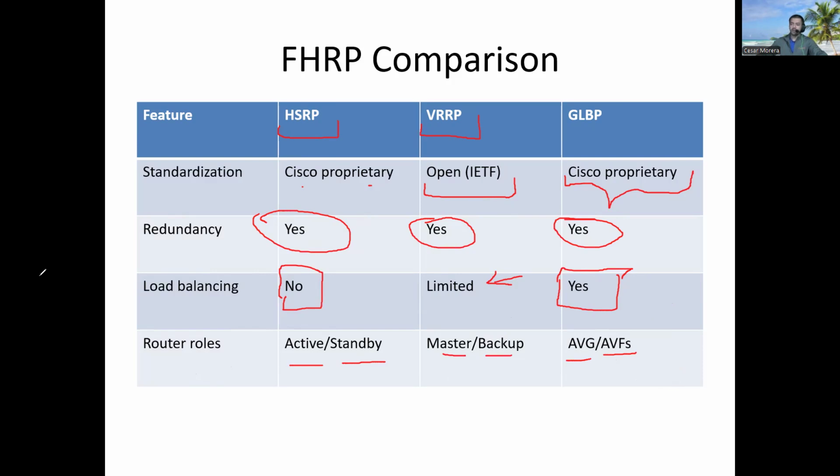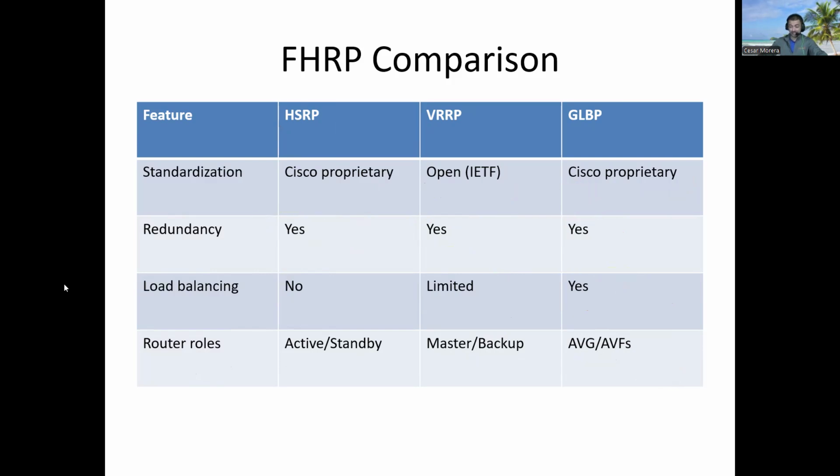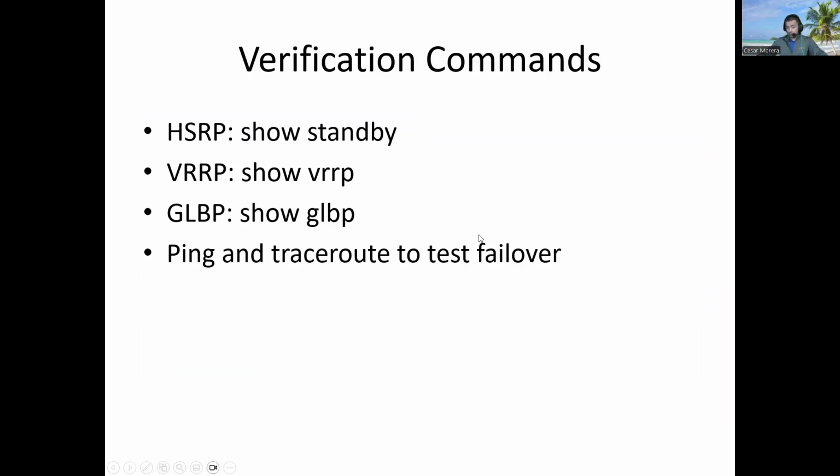Great. Let's take a look at some of the validation commands that we will practice in depth when we do the Packet Tracer labs. But for now, let's just become familiar with them. For HSRP, we have show standby. That is the command we will apply when configuring HSRP on our routers. We have show VRRP for the VRRP protocol.